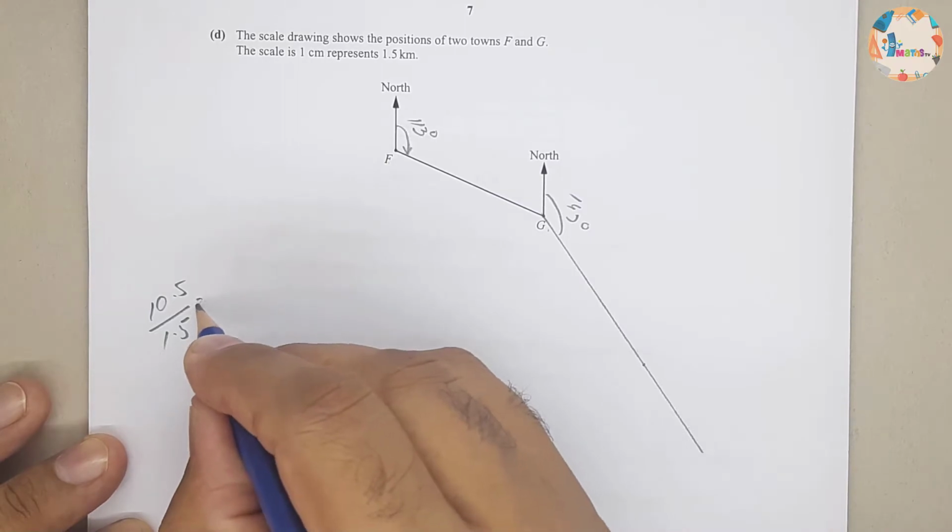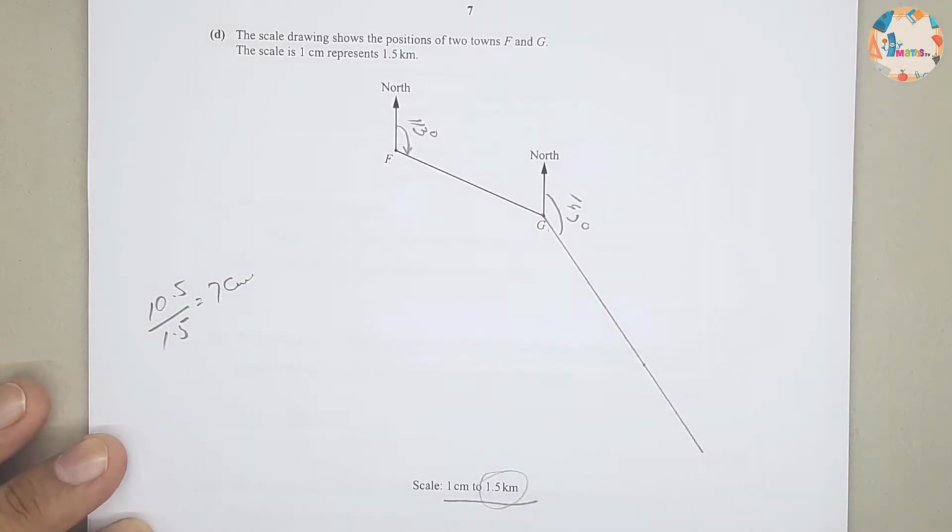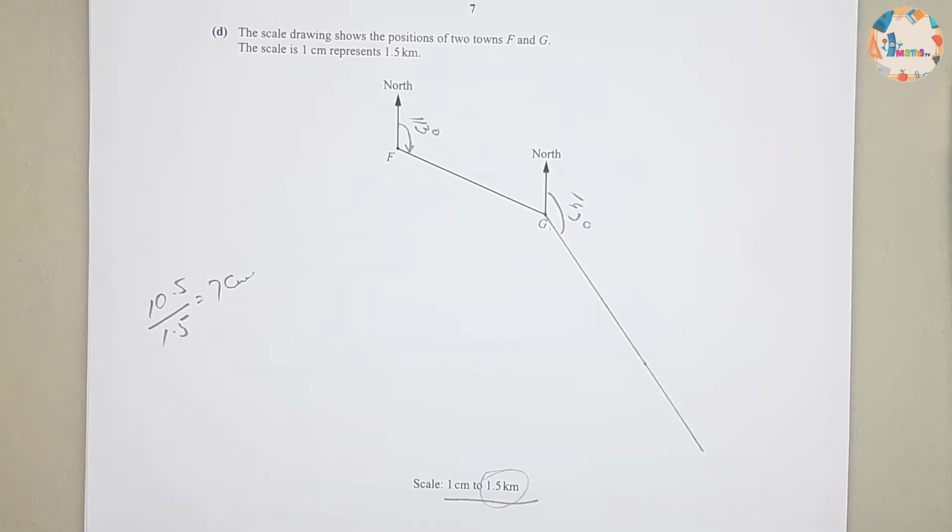So 7 centimeters we have to open the compass and make an arc so that we can trace the point H. So we'll be fixing the compass and drawing that one.